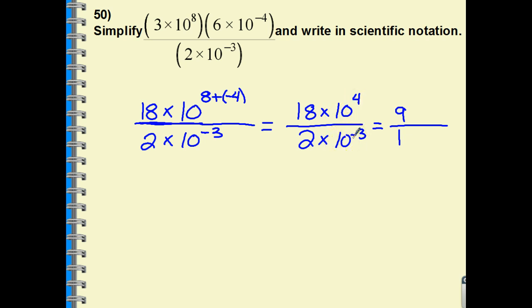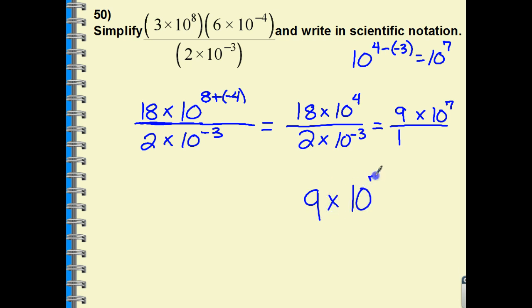So if we have the same bases with a quotient, we subtract the exponents now. 4 subtracted by negative 3, and that should equal 10 to the 7th power. So 9 times 10 to the 7th power over 1, which is simplified as 9 times 10 to the 7th power. Final answer.